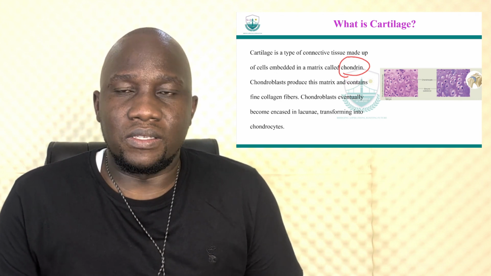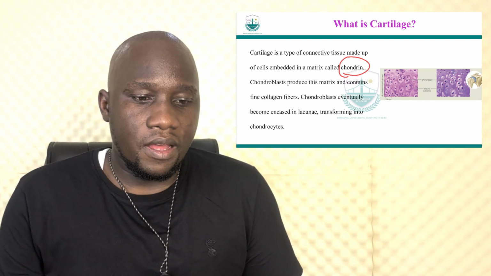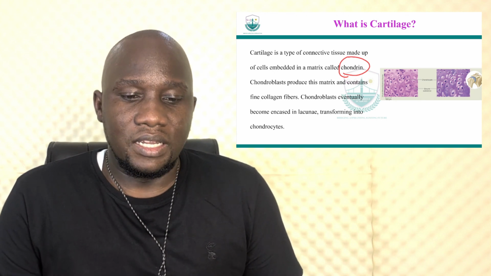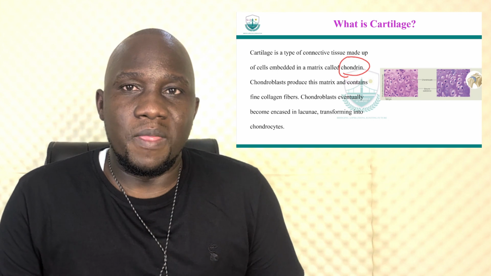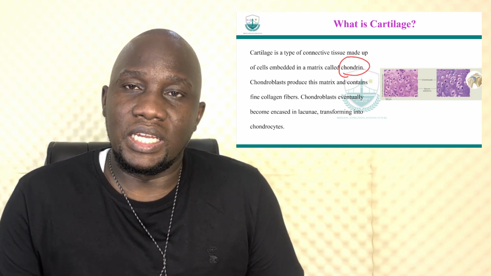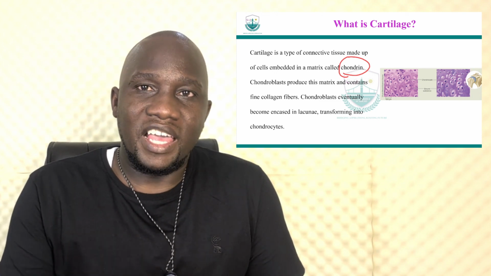The cells in cartilage, we have the fibroblasts. These are the ones that produce the fibers, the fine collagen fibers that we find in cartilage, but also the matrix. But then they can be encased.